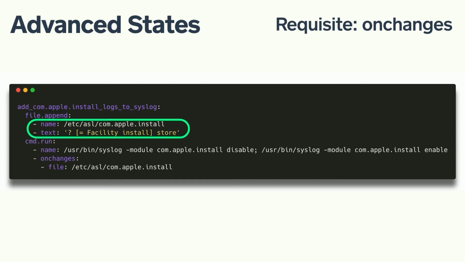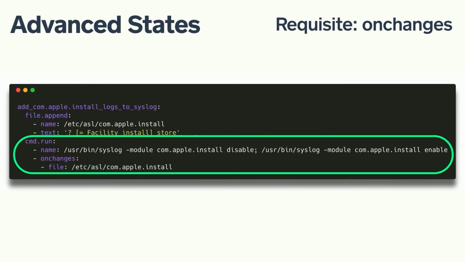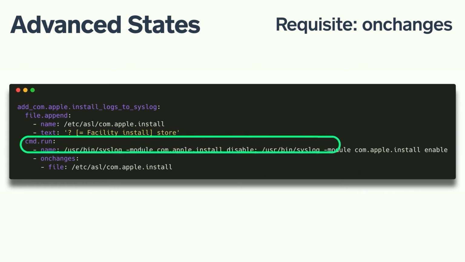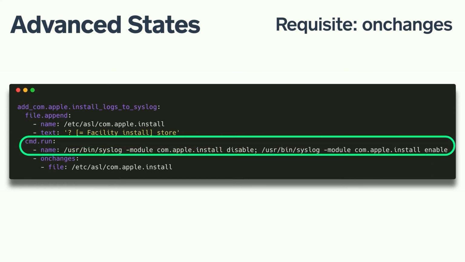So we have this other state declaration in this ID called command.run. So command.run by default will not actually run anything unless there's an action to cause it to run. But if that action that would cause it to run is true, it would run this command, which is disabling the syslog and turning it back on.